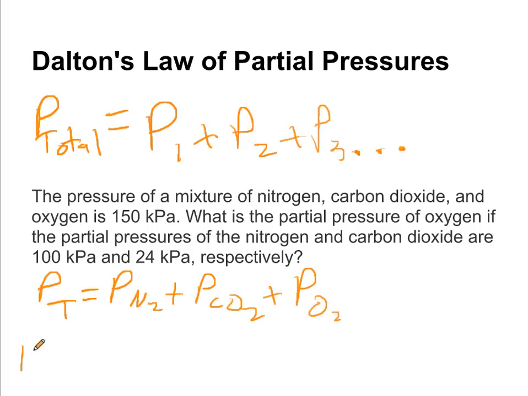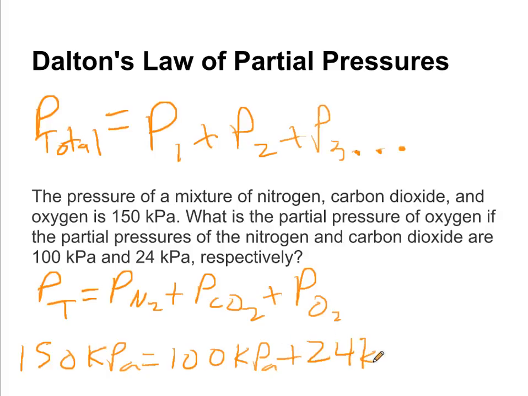Total pressure is 150. The pressure of the nitrogen is 100 kilopascals. The pressure of the carbon dioxide is 24. And we would be solving for the pressure of oxygen. So 150 minus 124, that's pretty easy, right? The partial pressure of oxygen is going to be 26 kilopascals.